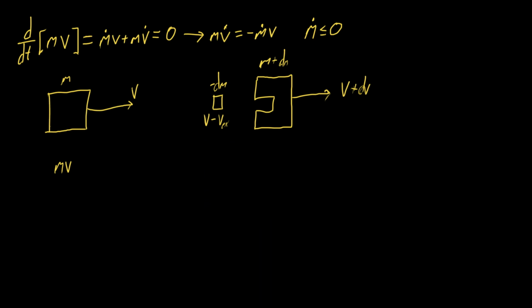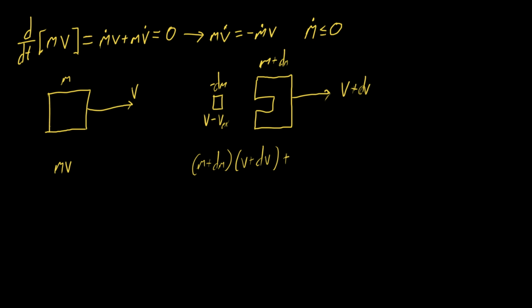All right, sweet. So then what we do is just write the total momentum after it throws out that bit of mass, which is obviously a little more complicated. What we're going to do is take the momentum of the rocket first. It's going to be m plus dm, times v plus dv, the new velocity. And then of course we add the momentum of the little bit of fuel.